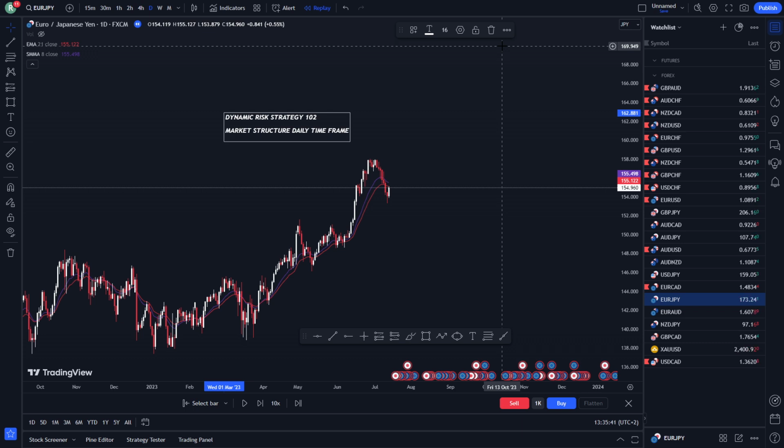And then we're gonna mark off supply and demand zones and wait for break of structure on the 4 hour time frame.